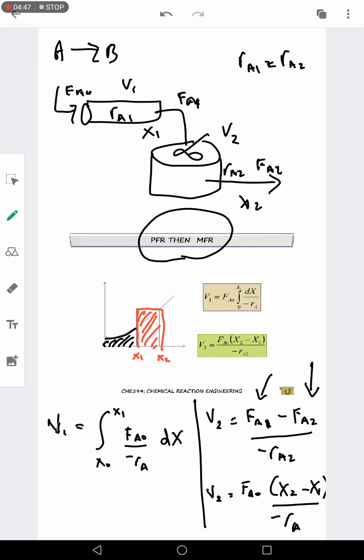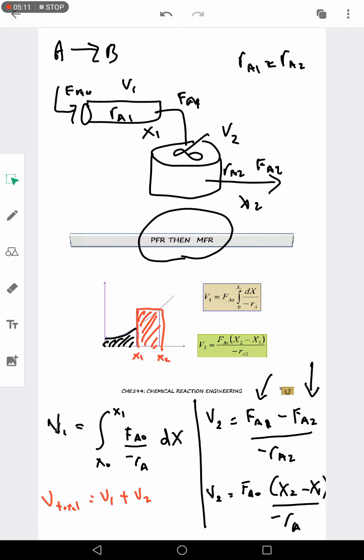Okay, so it's that kind of way of how you calculate the total volume. So maksudnya V total adalah V1 plus V2.